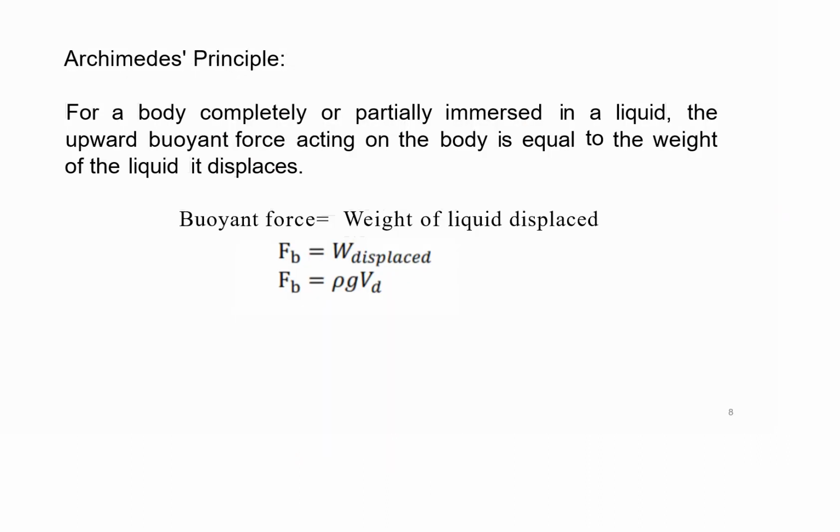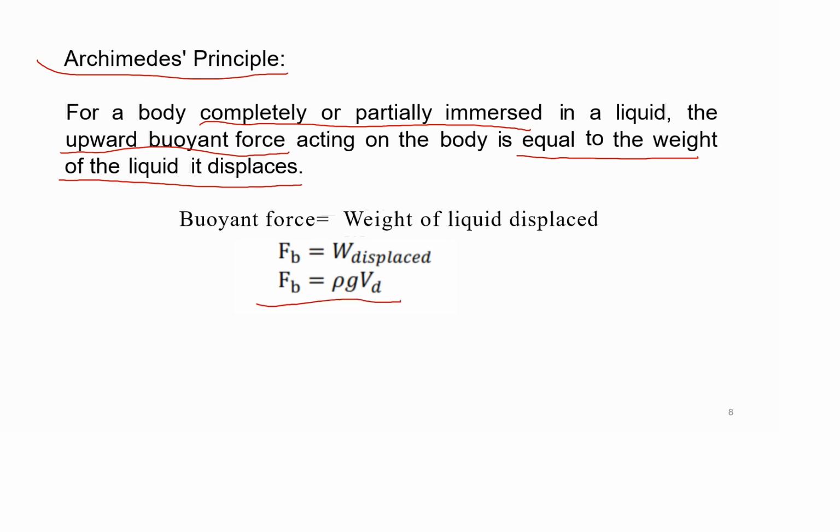The buoyant force follows Archimedes' principle, where for a body completely or partially submerged in a liquid, the upward buoyant force is equal to the weight of the liquid displaced. This was already mentioned in the previous slide, where Fb is the weight displaced, or we can calculate the buoyant force as rho g Vd, where Vd is the volume displaced.